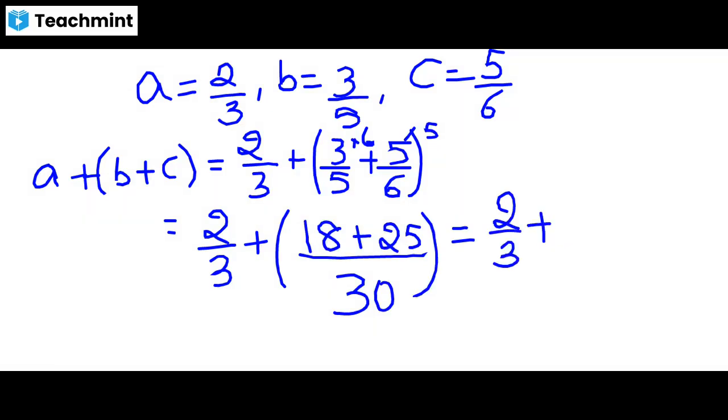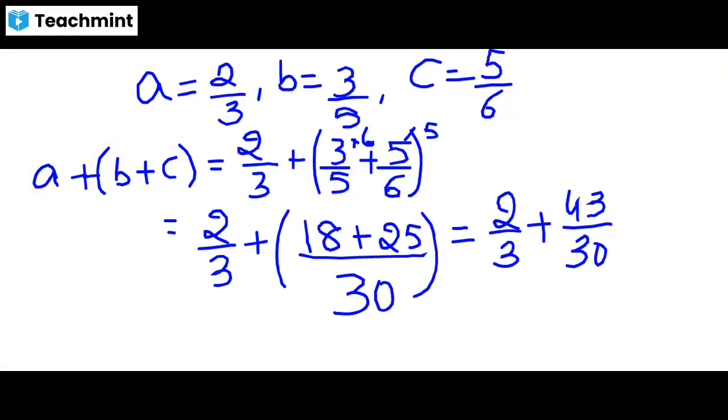What you get? 43, ma'am. 43 by 30. Now you should again add 2 by 3 plus 43 by 30.